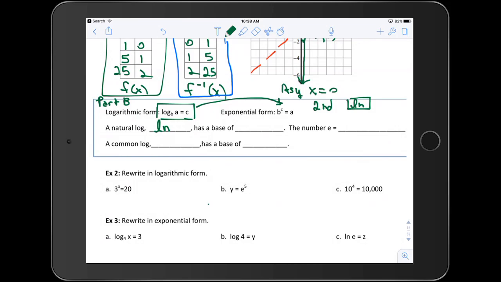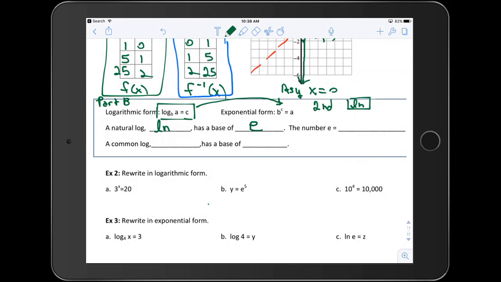So a natural log is ln, and it has a base of e, the number e. You may never have talked about the number e in your life. It's very similar to the number pi, where it's irrational.